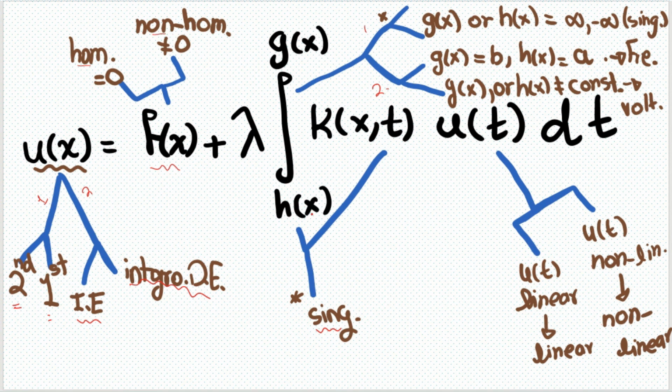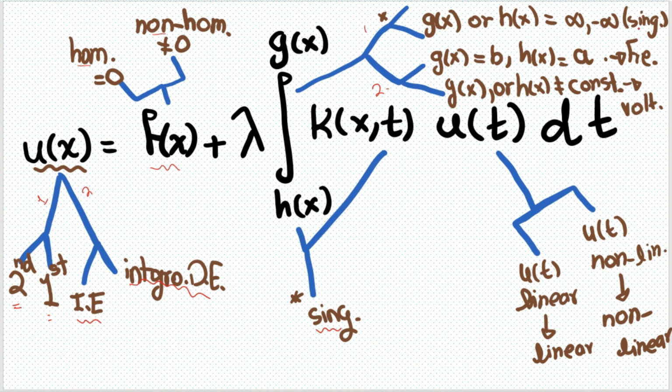When looking at k of x and t and the interval of integration h of x, g of x, we study the singularity of k of x and t over this interval. If it's singular at any point of the interval, then it's a singular integral equation. Or if h of x or g of x is equal to infinity or minus infinity, then it's singular too.